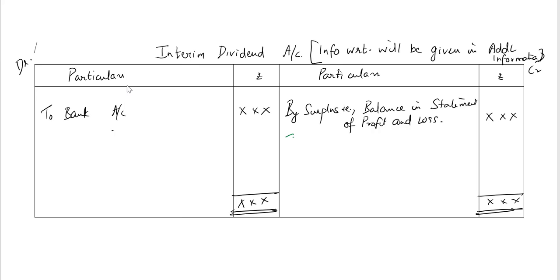Now this will be added to operating activities while determining the net profit before tax and extraordinary items.